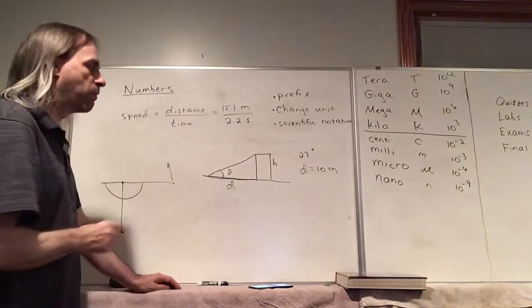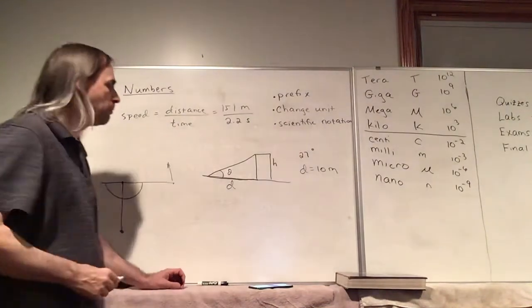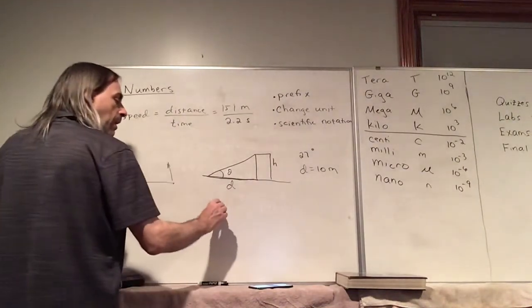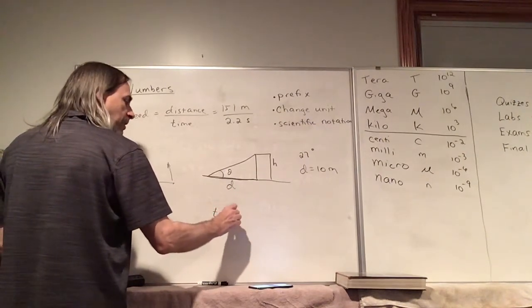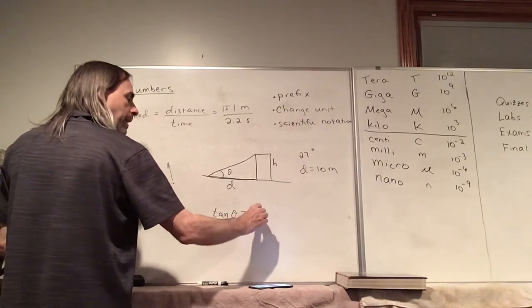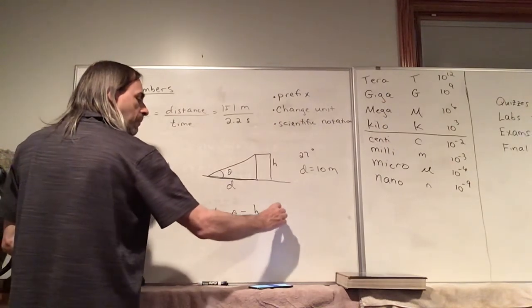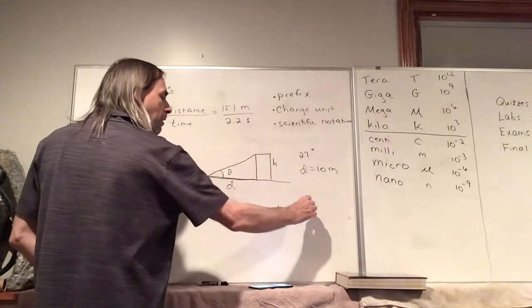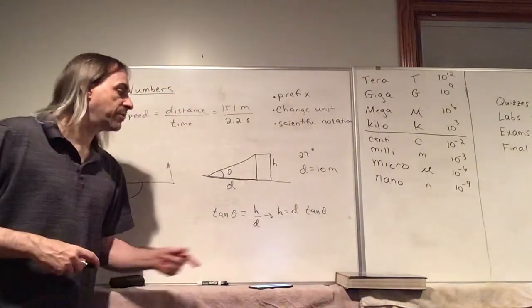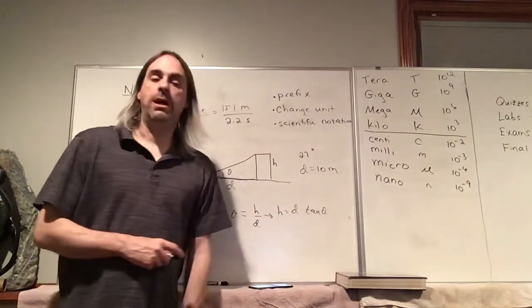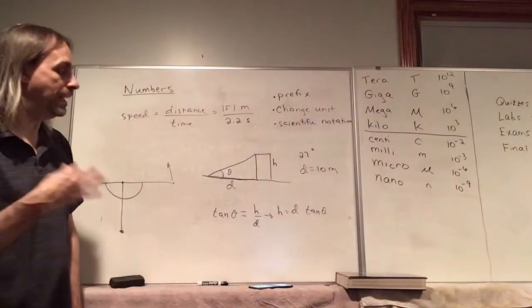Now, this is something we'll review if you've never seen this before, although pretty sure everyone has. We can say just based on this triangle, tangent of theta is h over d. Or h is d times the tangent of theta. So in this case, we have 10 meters times a tangent of 27 degrees.